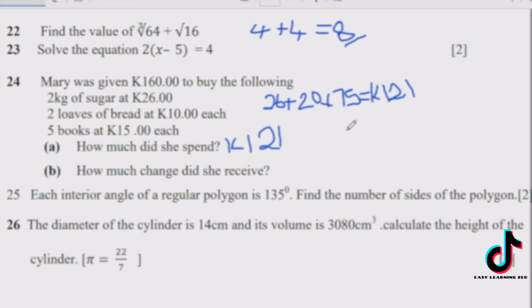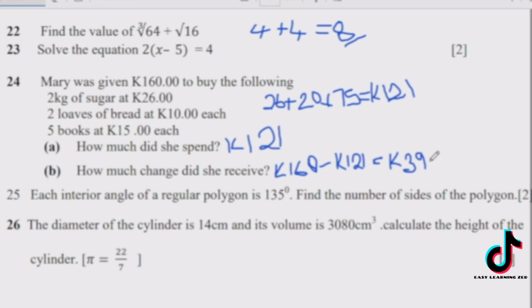Now, since she had 160 kwacha, that was the amount she was given, then minus 121, that is going to give us 39 kwacha. 39 kwacha was the change she was given.